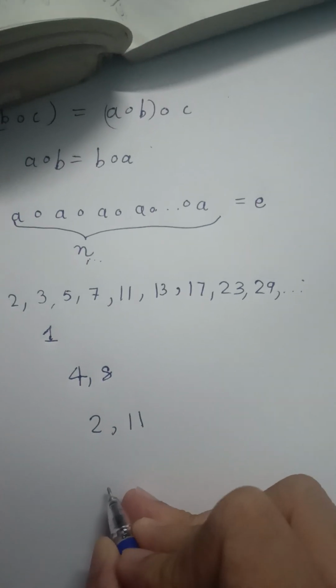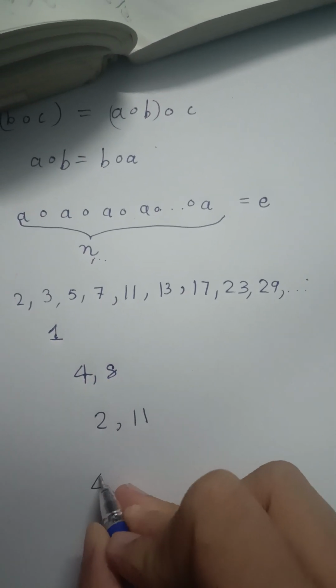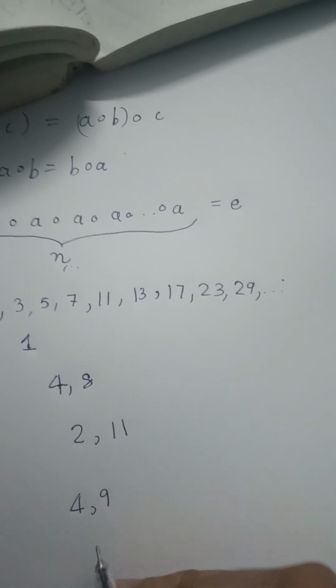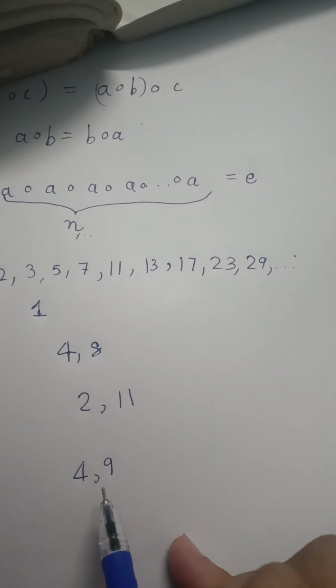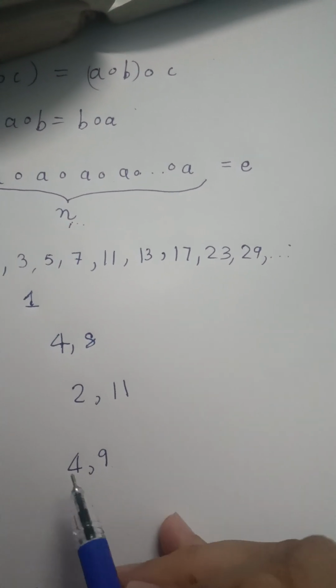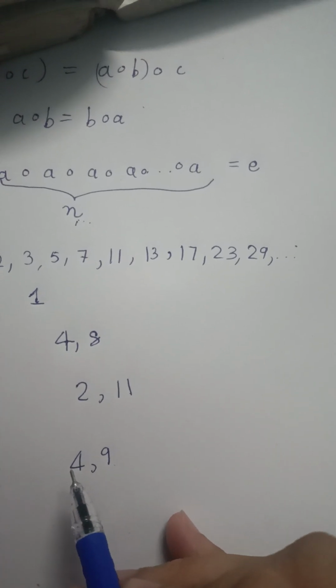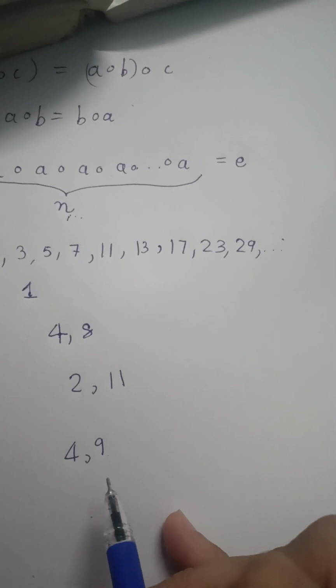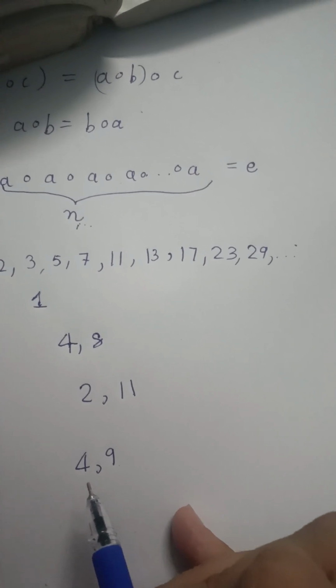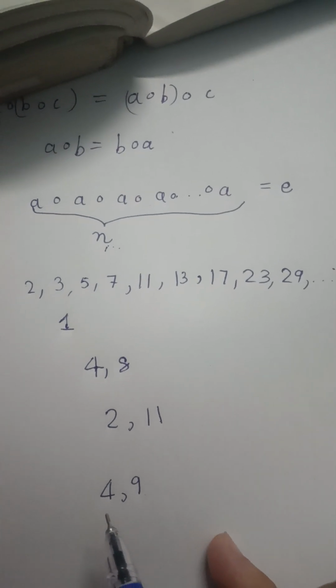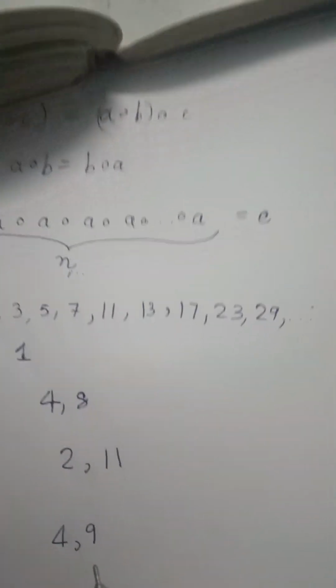Or take some non-prime numbers, take 4 and 9. Can any number apart from 1 divide them? No. Only 1 can divide these two. So these numbers are prime relative to each other. We will say these numbers are relatively prime, or co-prime.